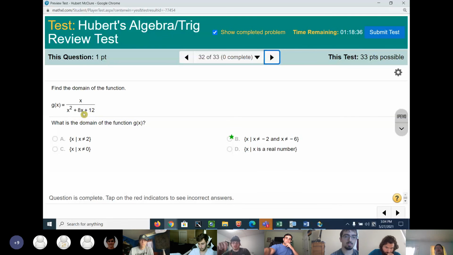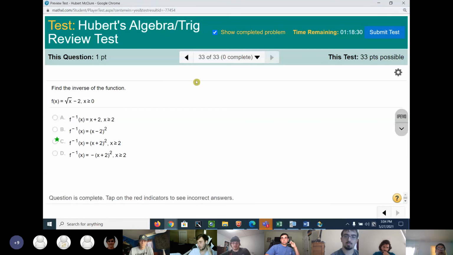Equal to 0. And factor and solve. And the inverse of, and we did this, y is equal to x to the 1/2 minus 2. Switch the x and the y, solve for y, and that's your inverse equation.